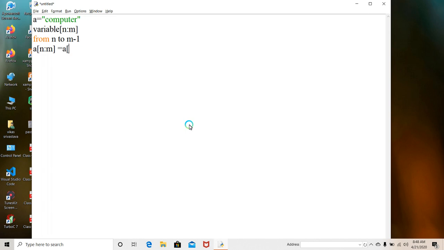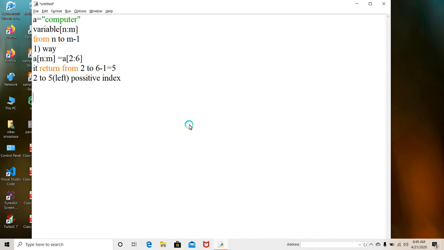That means if we write a is equal to 2 to 6, it returns from 2 to 6 minus 1, which is 5. So it returns all the values from 2 to 5. Clear? And from which side? From the left side, because we have passed a positive index. That is the first way.